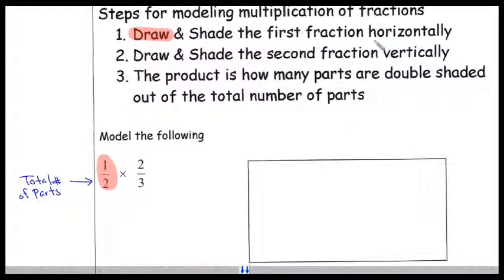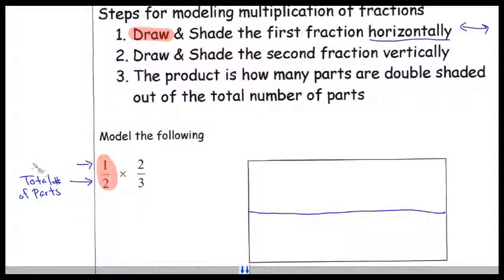Okay, and I'm going to do this horizontally. Horizontally means side to side, kind of like the x-axis on the coordinate grid. It's like the horizon. It goes from left to right. So I'm going to cut this rectangle left to right, and that gives me 2 parts. That's what I needed, 2 parts.